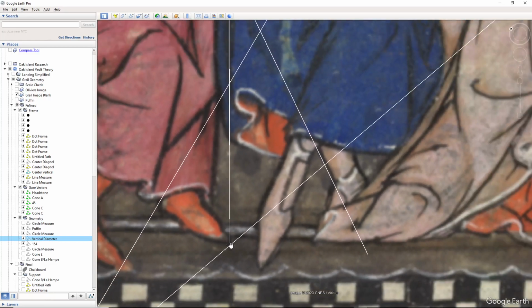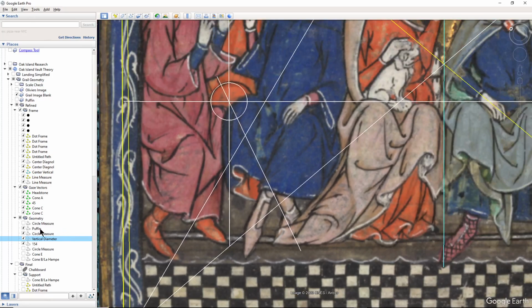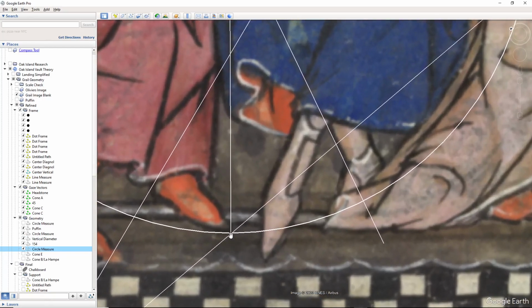Now also we notice that it hits this diagonal right here. This may be an indication. So what we did next is we draw a circle, and we get as a radius, so this is the radius, and we intersect the 154 right here.